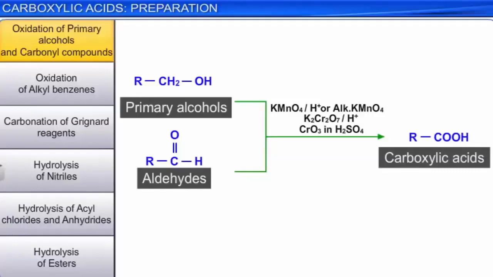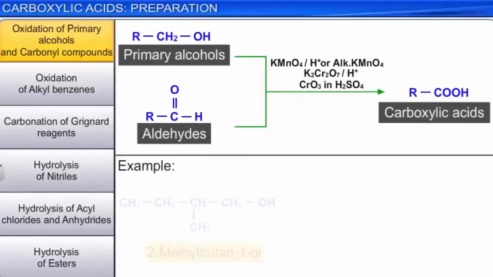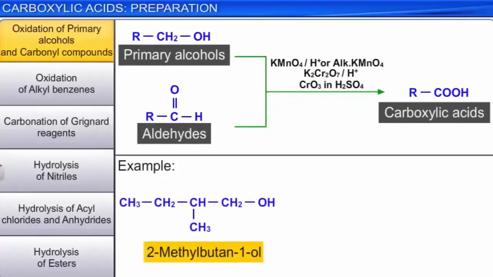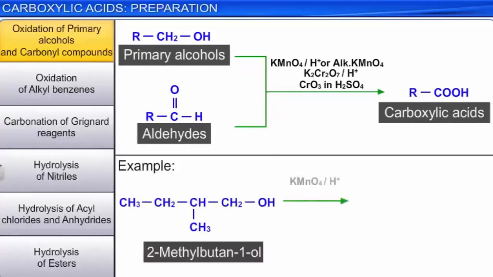For example, 2-methyl-butan-1-ol on oxidation with acidified or alkaline potassium permanganate gives 2-methyl-butanoic acid.